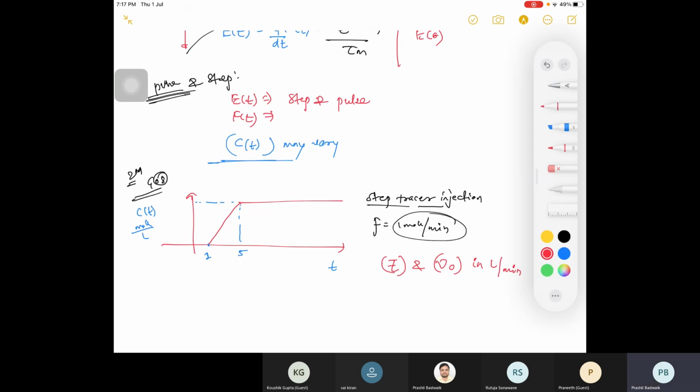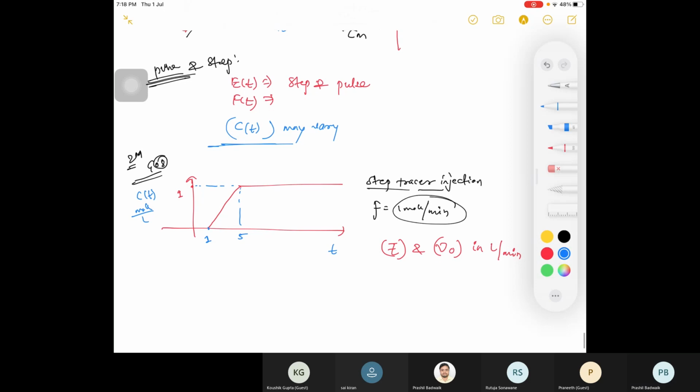How can you calculate? If I am saying this C max is your 1, this will be homework for you.